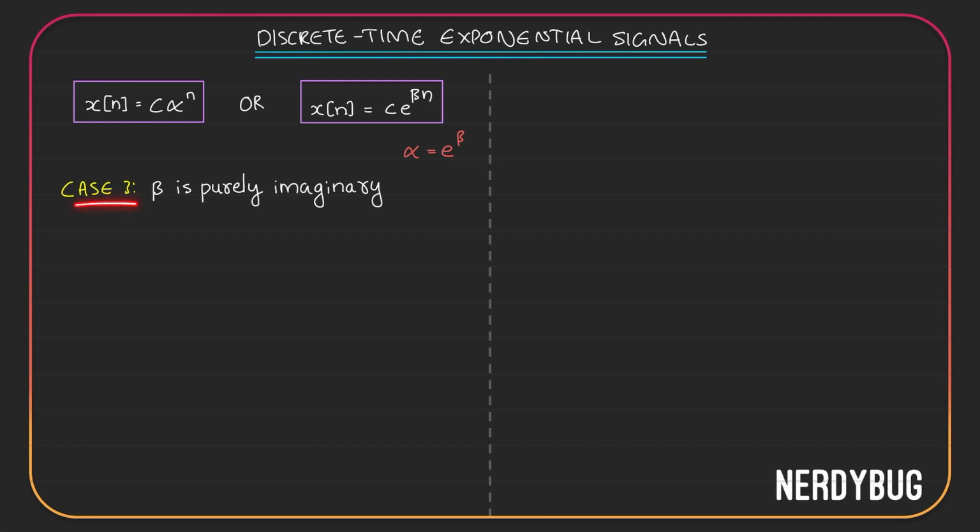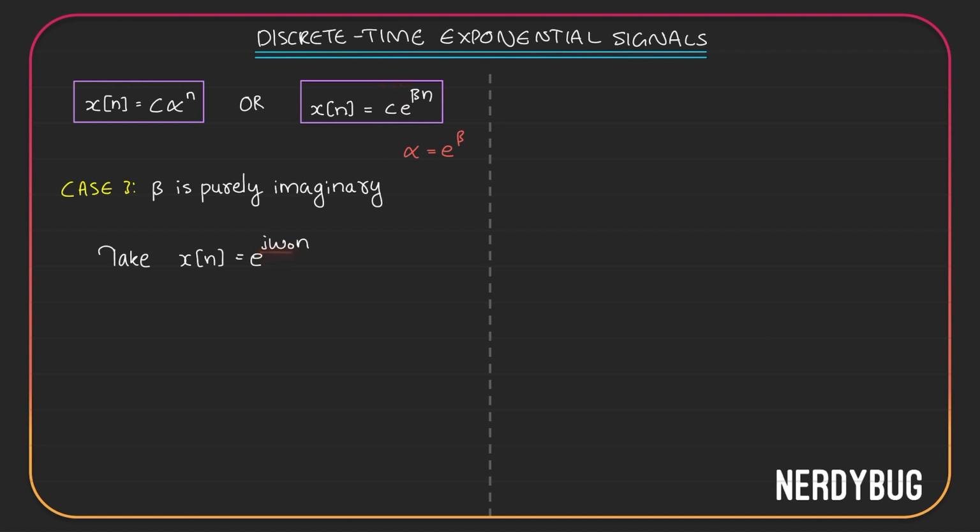Now let's take case 3 where beta is purely imaginary. As a specific example, let's take x of n is e raised to j omega naught n. This is similar to the one that we took in continuous time, e raised to j omega naught t. Here also we take c to be 1 and beta is purely imaginary.